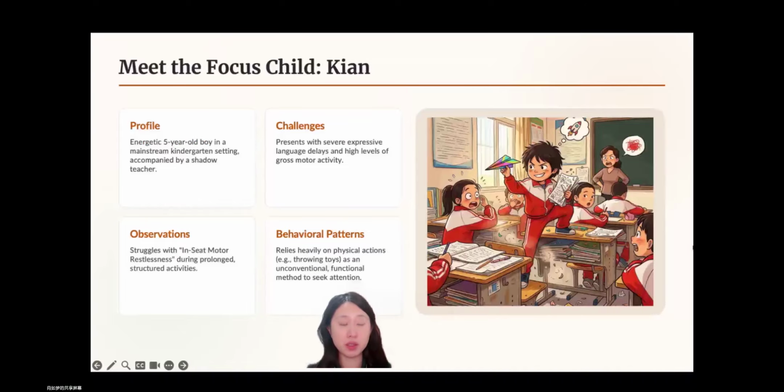Before we look at this lesson, I want to introduce you to my focus child, Kian. He is a very energetic 5-year-old boy in a mainstream class, and he has a shadow teacher. Kian has expressive language delays and a very high need for gross motor activity.